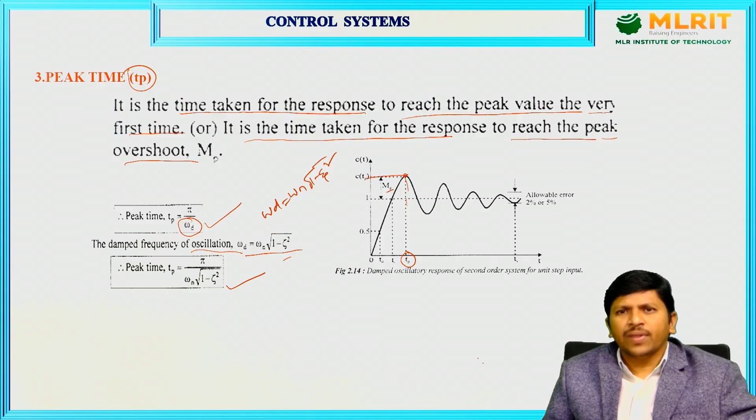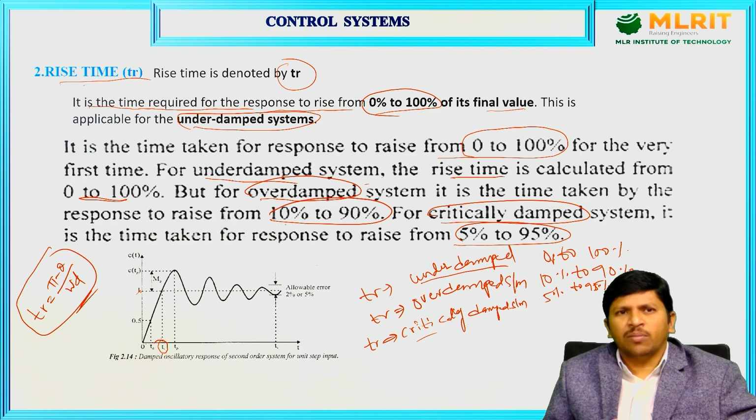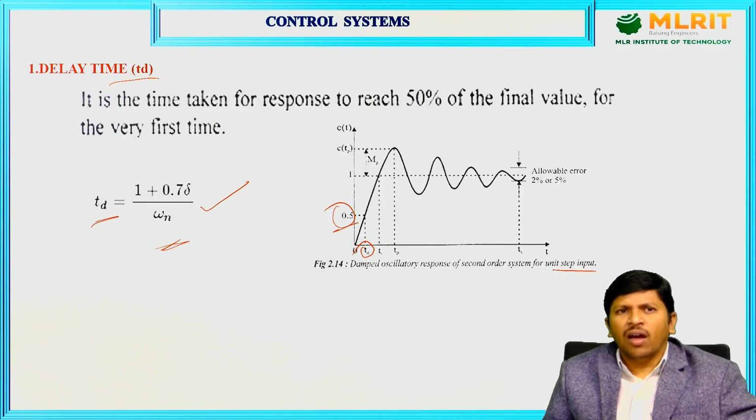Rise time is simply the time required for the response to rise from 0 to 100% of its final value. And delay time is the time taken for the response to reach 50% of its final value. All these are the definitions of the time domain specifications.